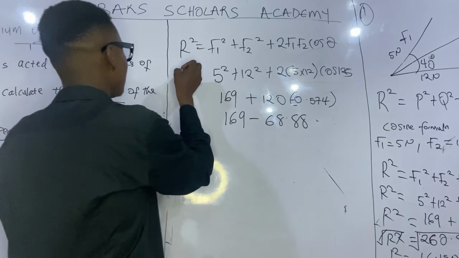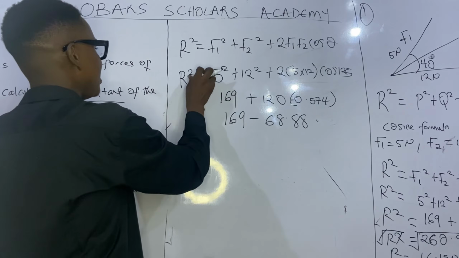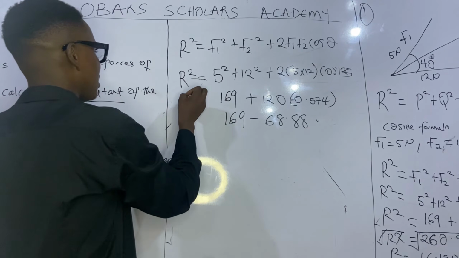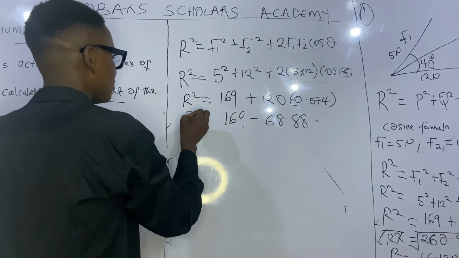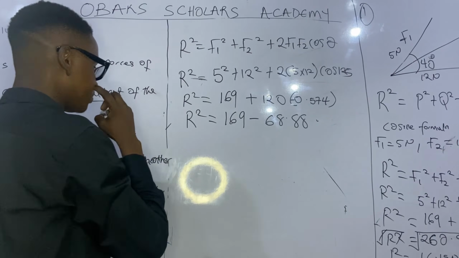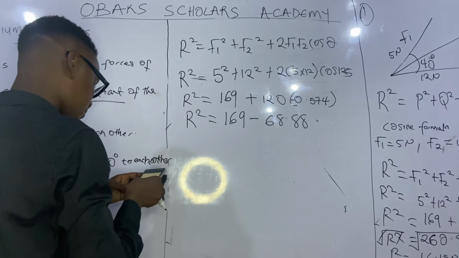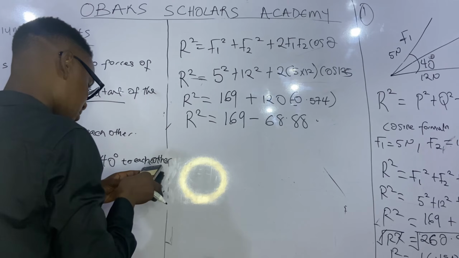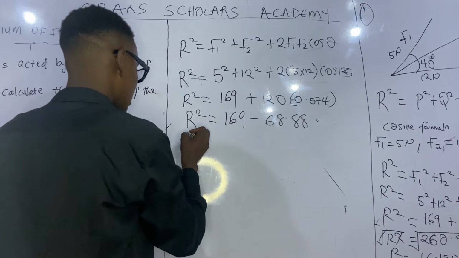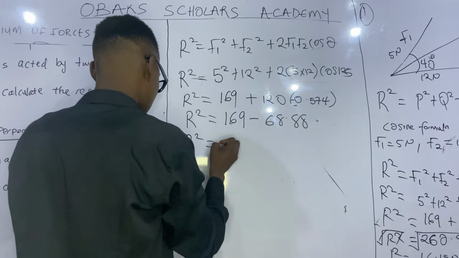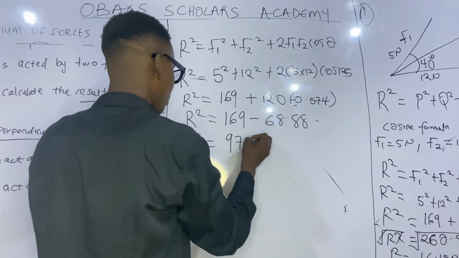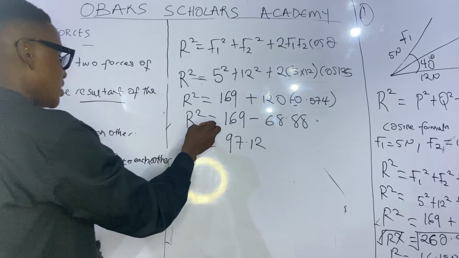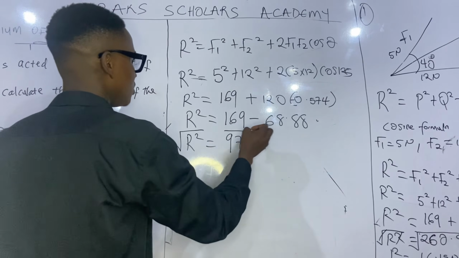68.88. So not forgetting R squared, our R squared here. So 169 minus 68.88 will give you R squared equal to 97.12. So at this point, you also get the square root.